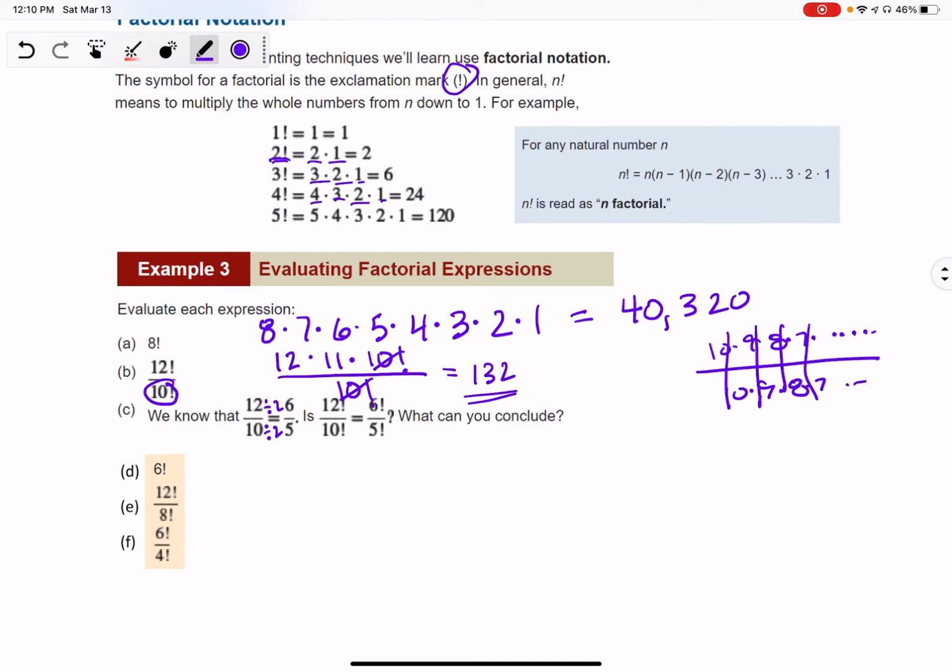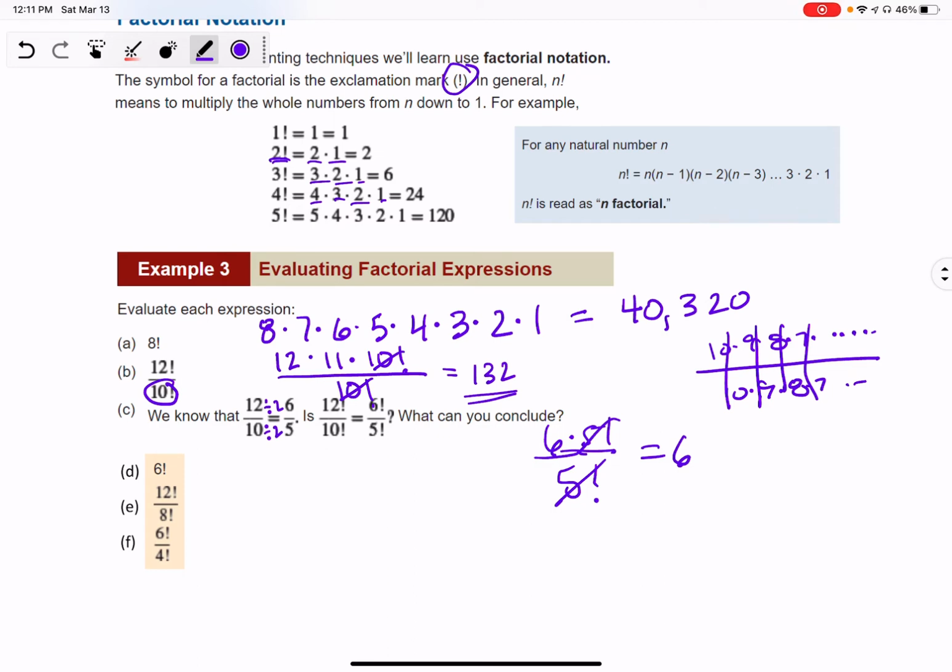Let's see what 6 factorial over 5 factorial is. Well, those cancel out, so I'm just left with 6. So therefore, they are not the same thing. So we can conclude that when dividing 2 factorials, you can't just ignore the factorials and reduce the fractions as usual. Okay? So you still have to work out the factorial.